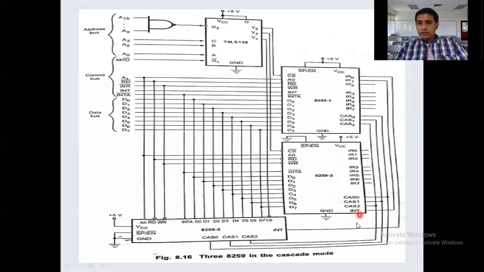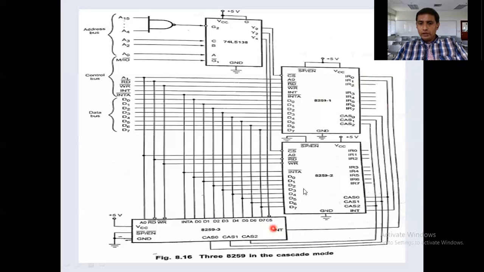The master's IR. It means the slaves request the processor for executing their instructions through the 8259. The slave simply gives an interrupt request signal to the master with the help of interrupt request pins IR0 to IR7. Because two slaves are there, there are two connections. INT of the first slave is connected to IR0, and INT of the second slave is connected to IR1.